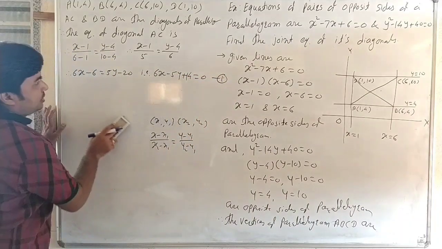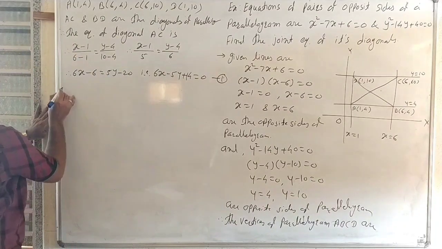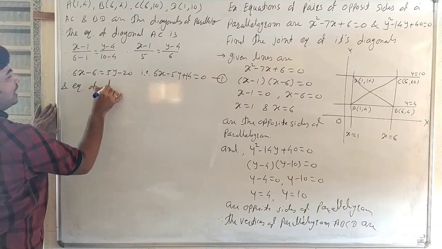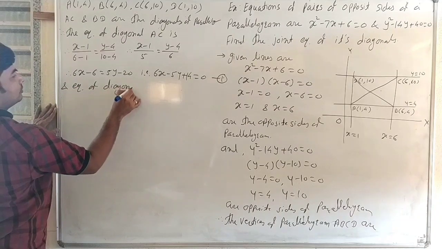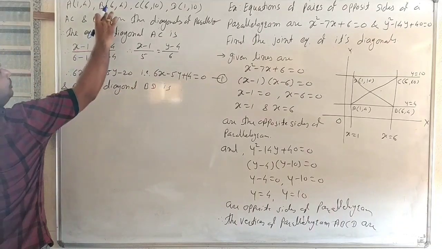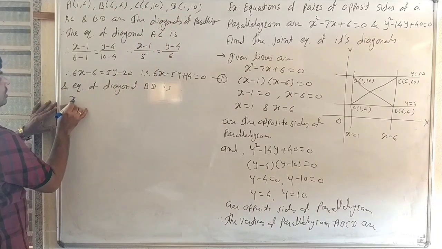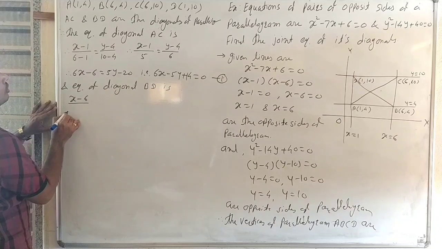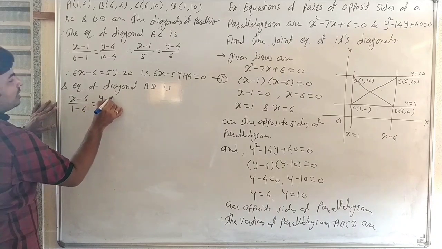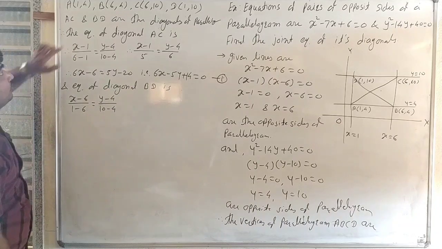Now the equation of the second diagonal BD, with x1 y1 and x2 y2. Therefore x minus x1 upon x2 minus x1 is equal to y minus y1 upon y2 minus y1.